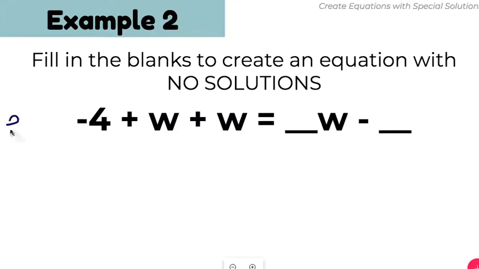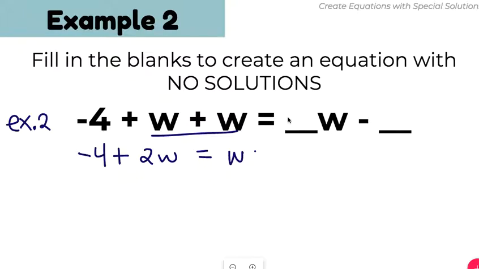Example 2, don't copy the instructions, just pause and copy the example. And again, the first thing we're going to do is simplify. W plus W is 2W. Remember, I don't solve anything or start getting crazy until I clean up each side of the equation.